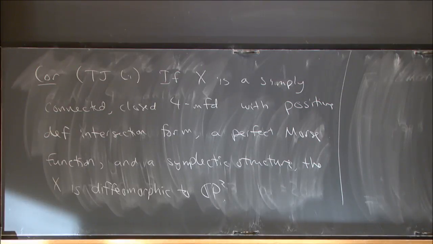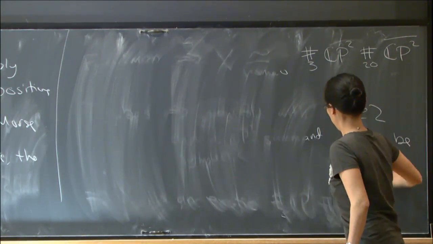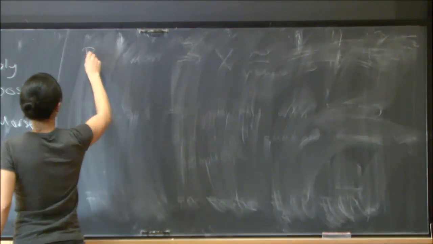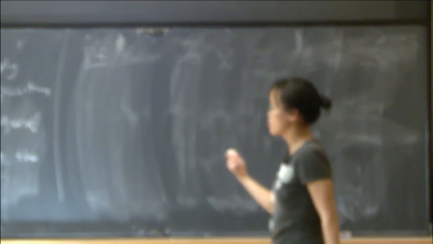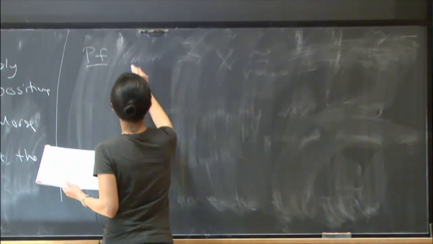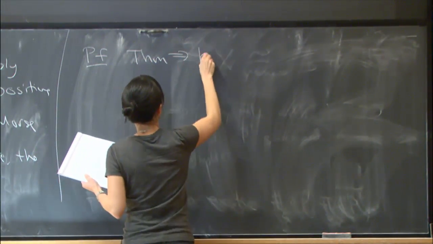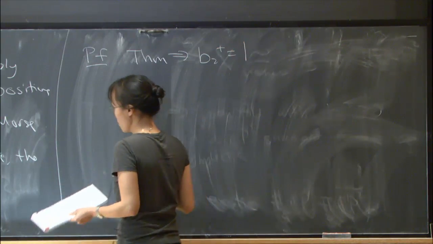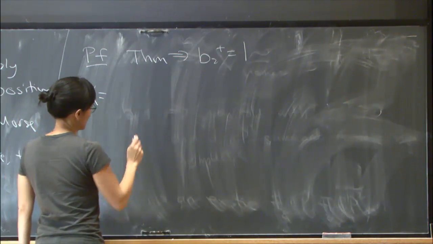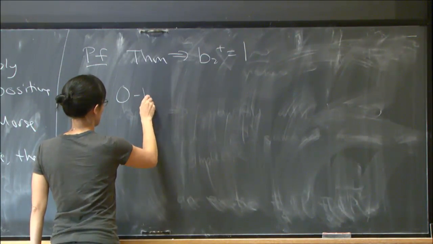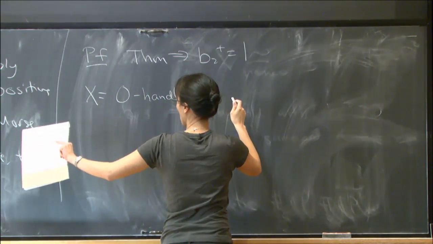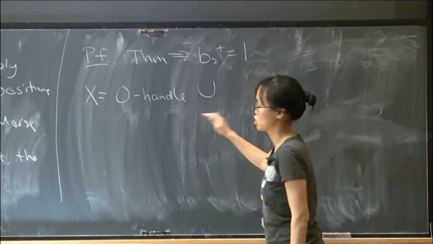Now let's see how this corollary follows from the theorem. From the theorem, we have that B2 plus has to equal 1. In particular, we know that X has a handle-body decomposition, since we have a perfect Morse function.